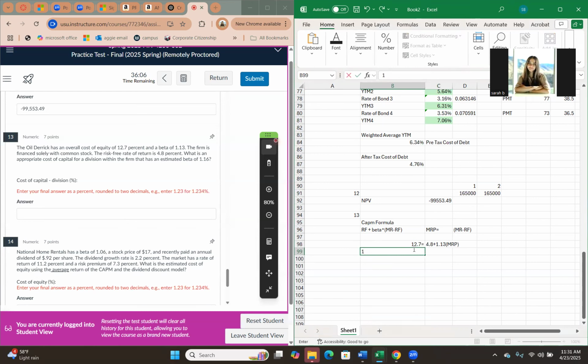12.7 minus 4.8 is going to be 7.9 equals 1.13 times the MRP, which is what we're solving for. Then we're going to divide both sides by 1.13. That's 6.99115%.